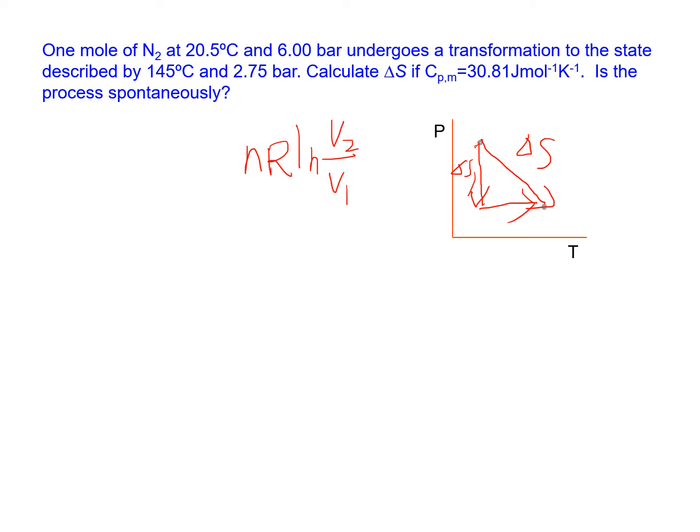Okay, so you can go back to the equation we derived for ideal gas isothermal expansion. It's nR ln V2 over V1.